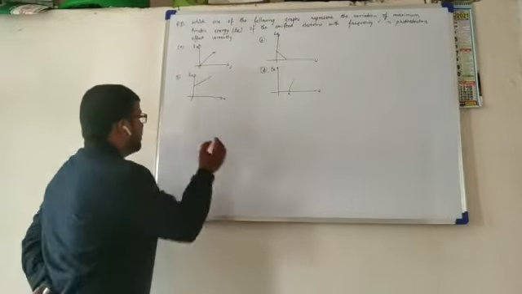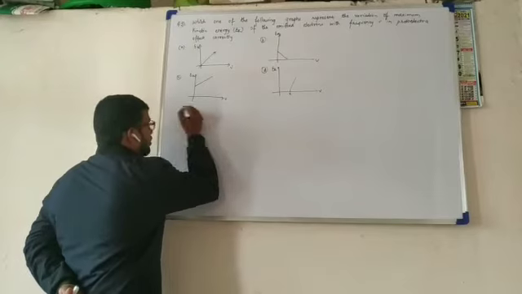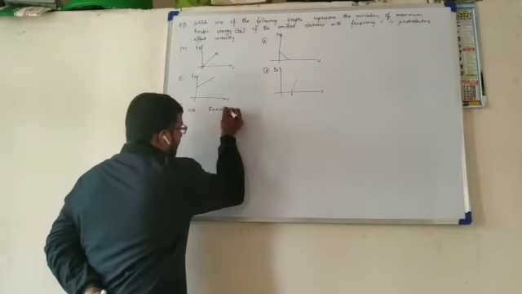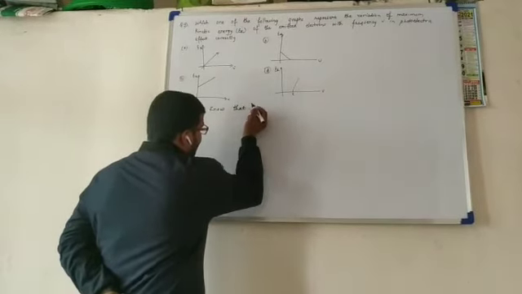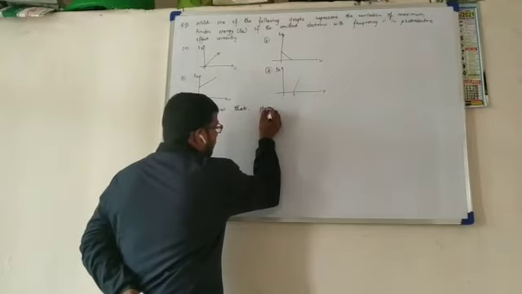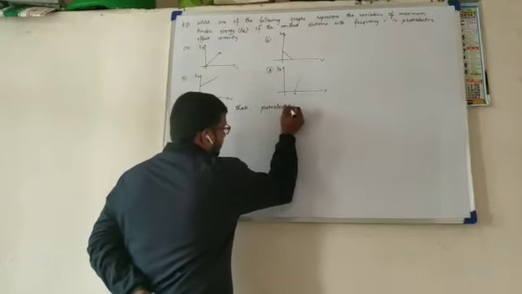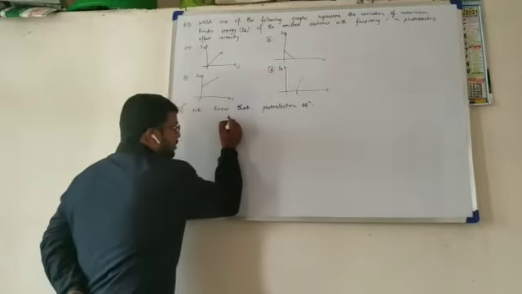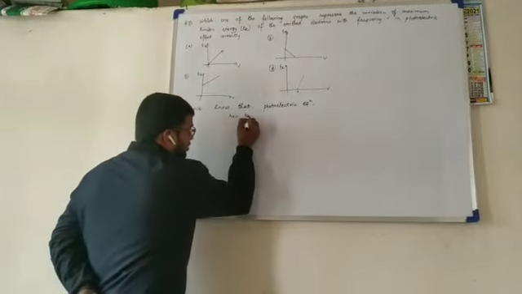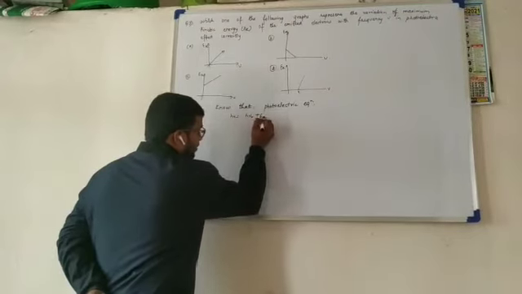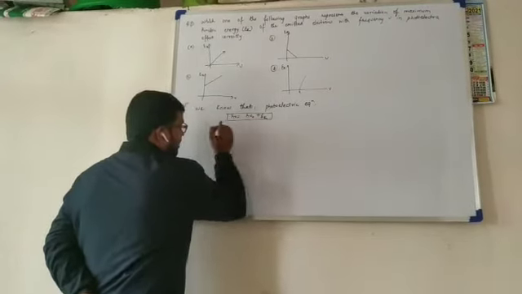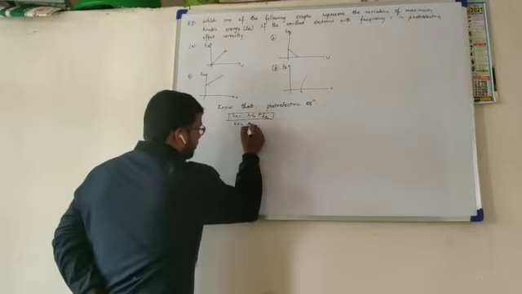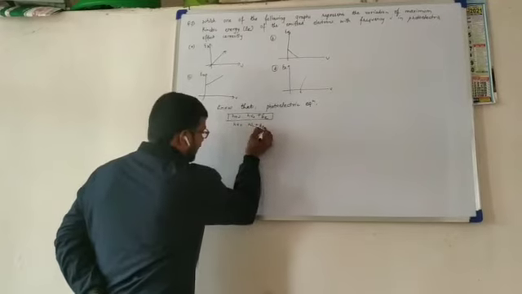So we know the photoelectric equation, h nu equals h nu naught plus kinetic energy. This means the energy of the incident photon equals the work function plus kinetic energy.